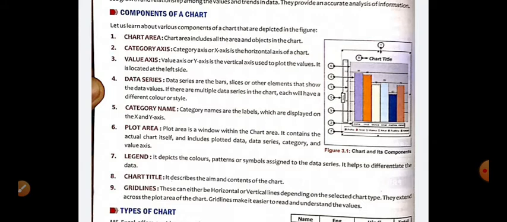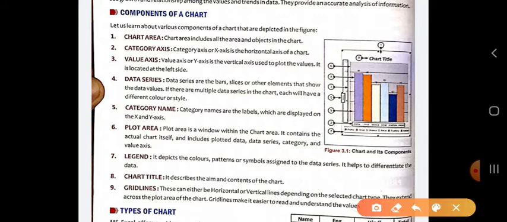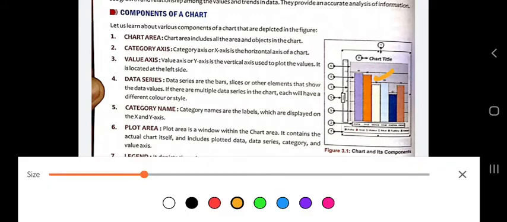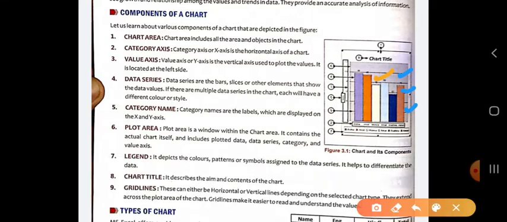They extend across the plot area of the chart. Grid lines make it easier to read and understand the values. These lines which are designed are known as grid lines.